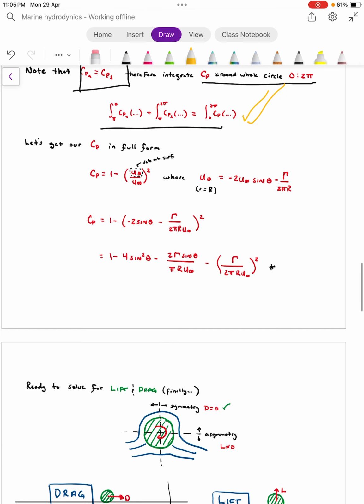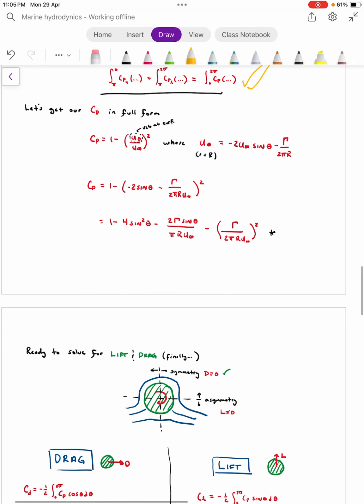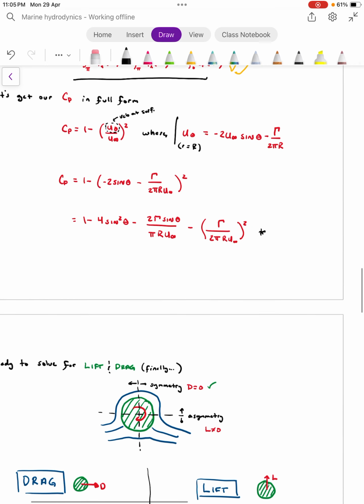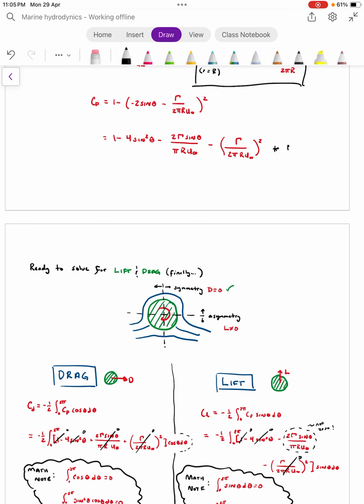Now we will calculate CP. We will put in the value of U theta. U theta is equal to this expression. We already know the U theta for the rotating cylinder, so we will just put it in and we get this expression.